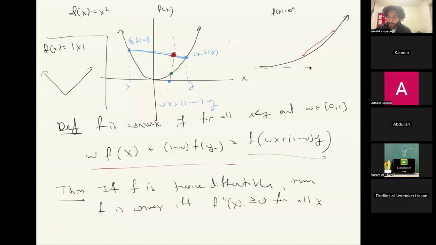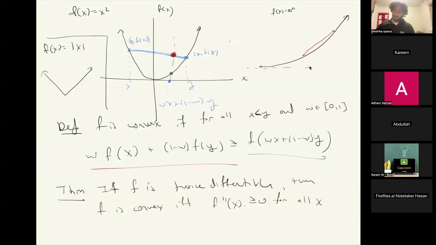This is convex. Anytime I have two points, the segment is completely above or on the curve. In this case, it's on, and that's okay. So f of x equals absolute value x is completely convex. But it's a little weird because it's not differentiable, since there's a singularity here. So if your function is not differentiable, you can't really use this criterion. You just have to check by hand.